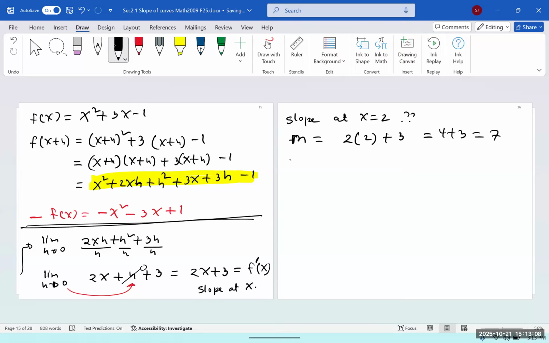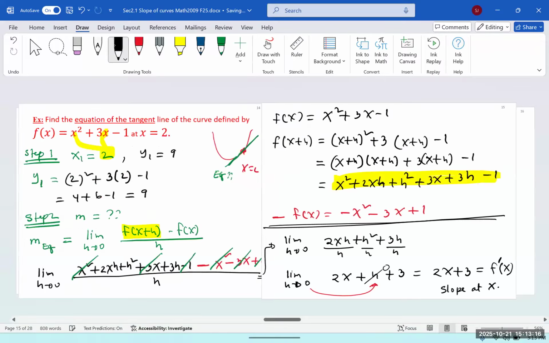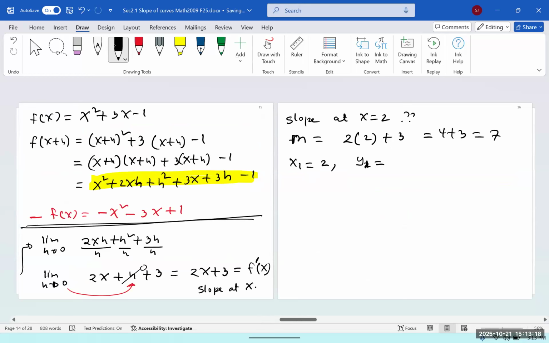So we found our x1 is 2, which was given. We found our y1, I forgot, y1, 9. And we just found our slope, which is 7. So we have all the information to find our equation of the line.